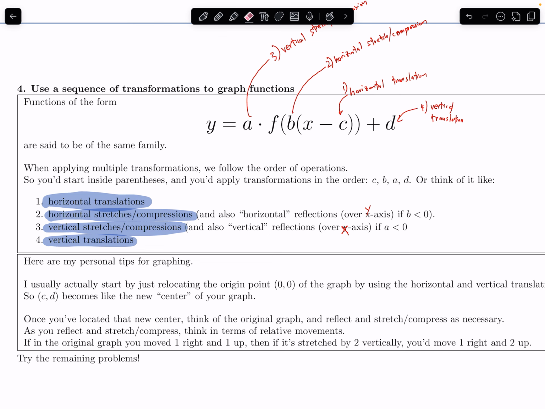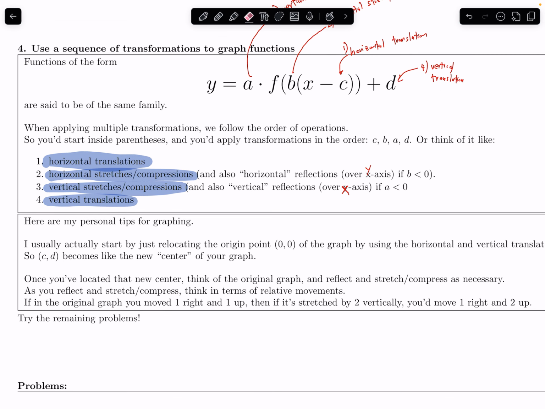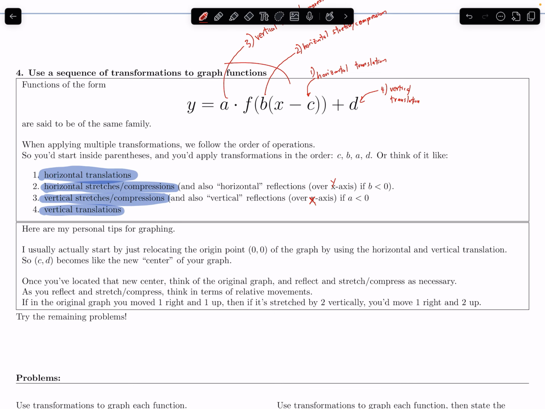Okay. Now, one last thing. My personal tips for actually graphing. This procedure here, doing those things in that order, is always going to work. And if you want to make a table, this is the method that you should use. But personally, that's not how I approach graphing. What I usually do is I think about what happens to the origin point 0, 0.